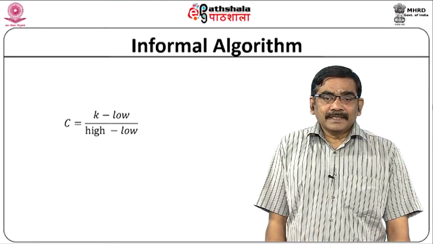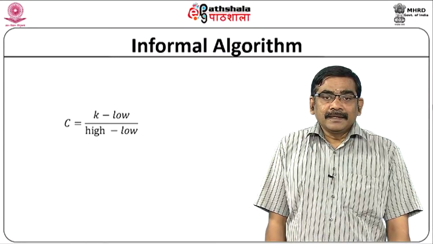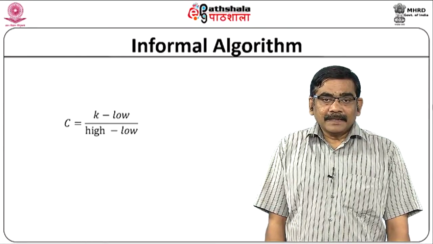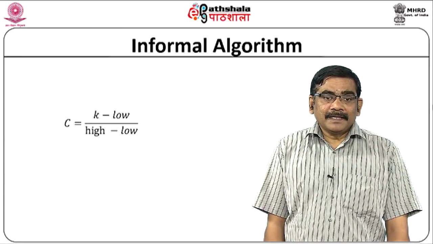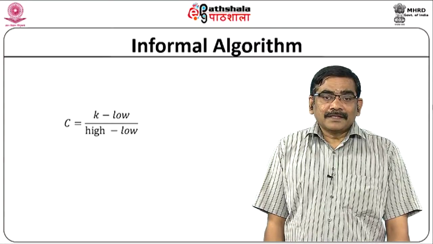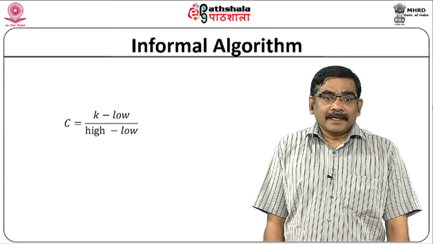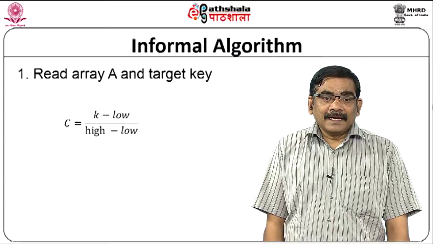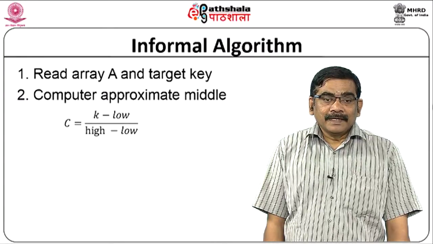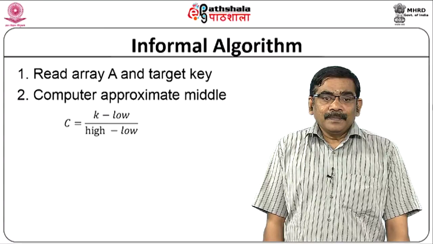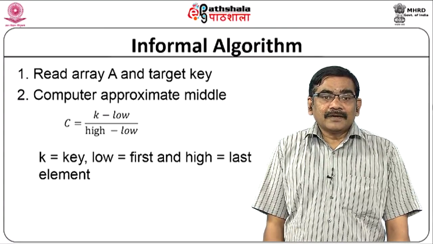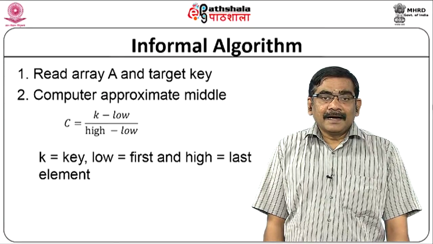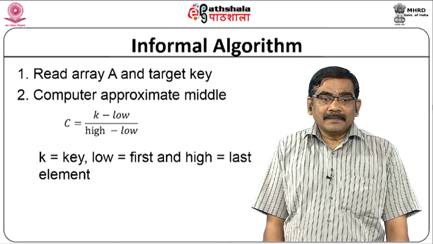The logic is very simple: how to find the middle. This is not the exact middle, this is the approximate middle. It is obtained by the formula k minus low divided by high minus low, where k is the key, low is the first element of the given array and high is the last element of the given array.